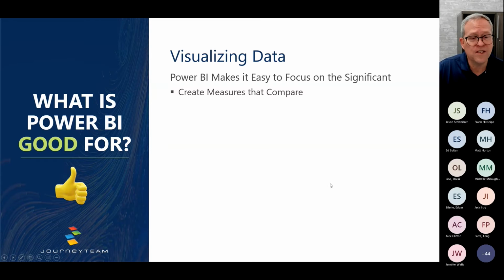So one of the ways that you accomplish this is by building what's called measures, which are just calculations. But one of the really nice techniques that help bring your data to light is building measures that compare things. So for example, if you want to compare sales by region to the goals for that region, you can create a measure that calculates how far above or below that goal is the group performing.